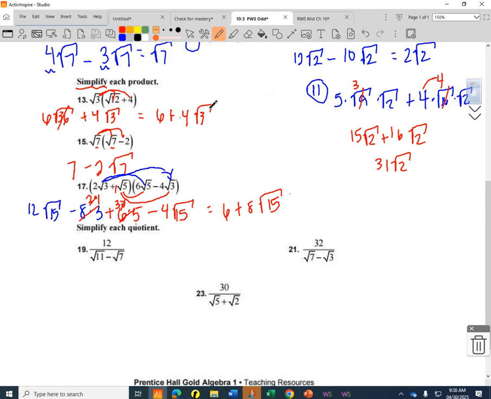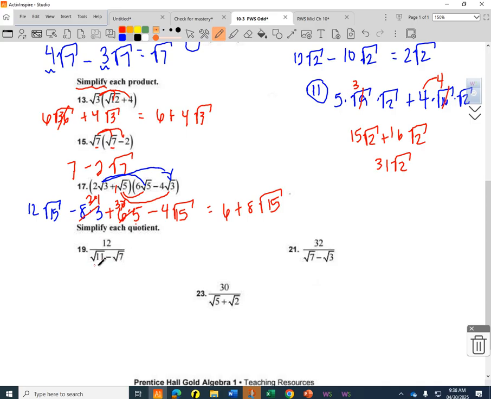All right. The bottom ones down here have radicals in the denominators. We cannot leave radicals, no square roots in the denominator, and we learned a strategy to easily get it out of there. And that is to multiply by the conjugate. So we're looking at the conjugate of the denominator here.